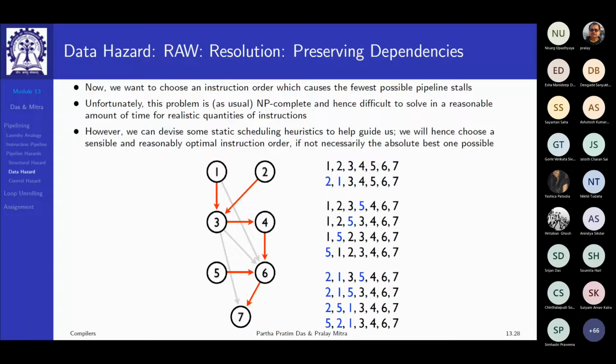As expected, this problem is also NP-complete, so we are not expected to have a polynomial-time solution. So again, like every time, we fall back on some static scheduling heuristics and try to get a solution which is not provably the best, but usually would be good.